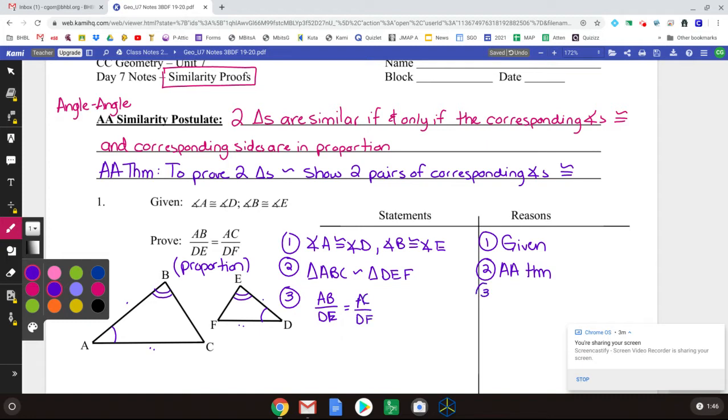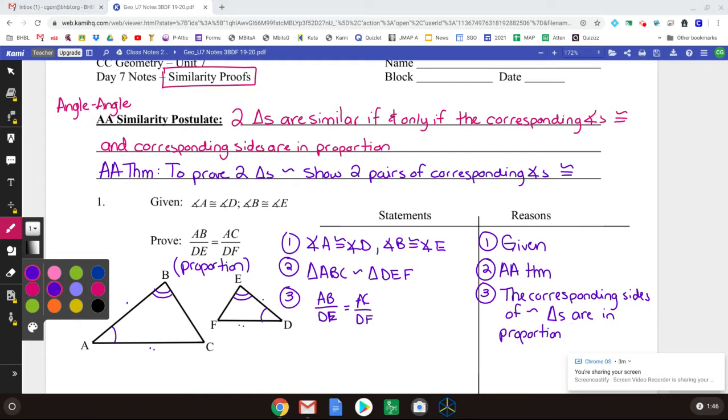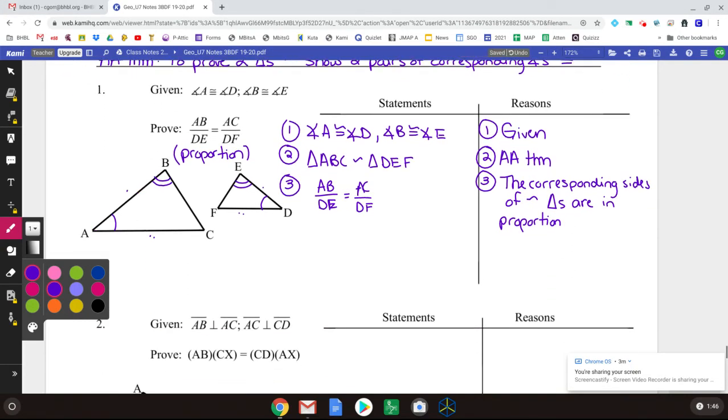So my reason for step 3 is that the corresponding sides of similar triangles are in proportion. That's the end of my proof.